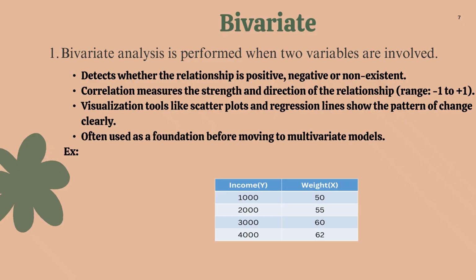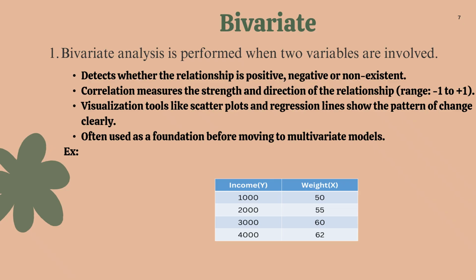For example, before predicting a student's performance, we first examine the distribution of their marks. The baseline understanding helps ensure that the assumptions we make later, especially in advanced modeling, are valid and meaningful.